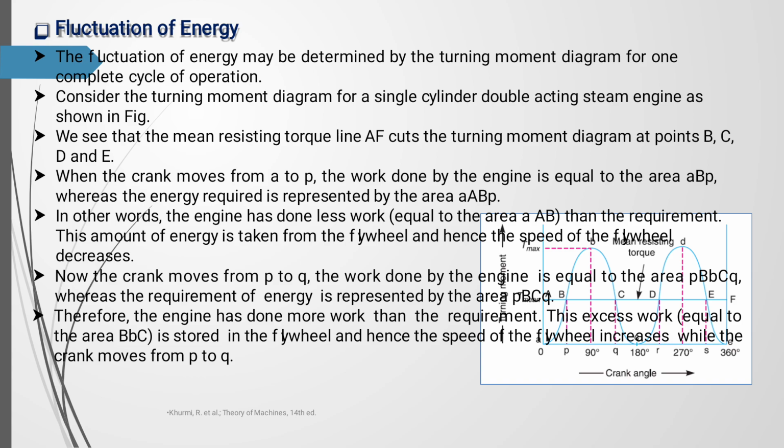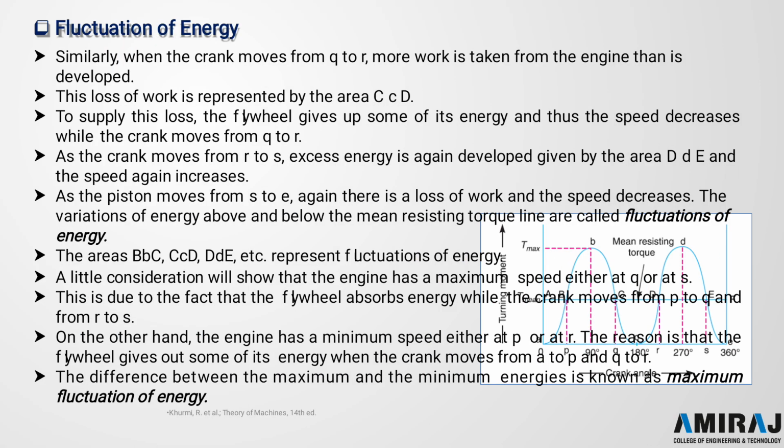Here, all of you see the definition of fluctuation of energy in the last line. The difference between the maximum and the minimum energies is known as the maximum fluctuation of energy. While running a complete cycle of the engine, the difference between the maximum energy level and the minimum energy level is called the maximum fluctuation of energy.